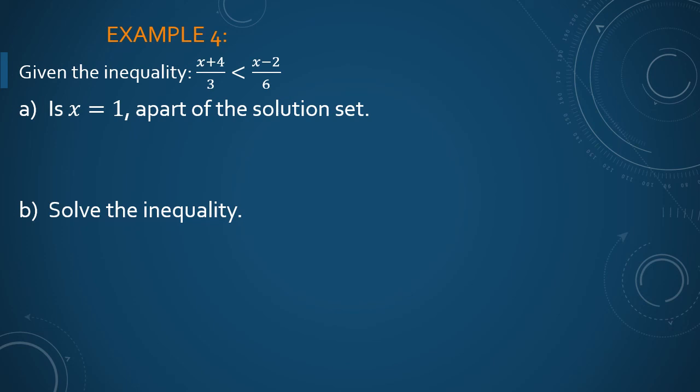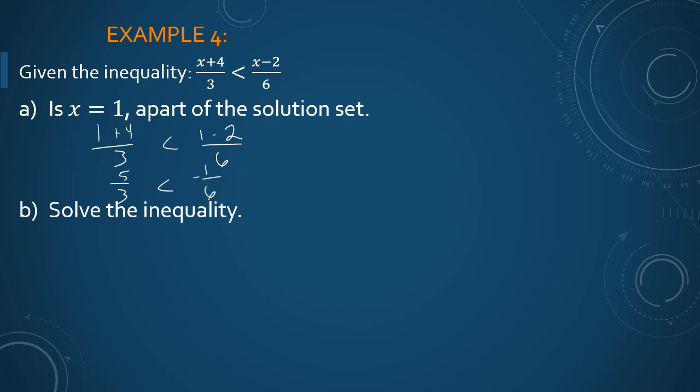So all we have to do is just sub in 1 for x and see what happens. So 1 plus 4 over 3 and 1 minus 2 over 6, and 1 plus 4 is 5, 5 over 3, and 1 minus 2 is negative 1 over 6.